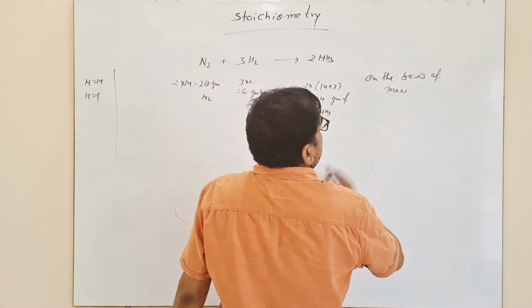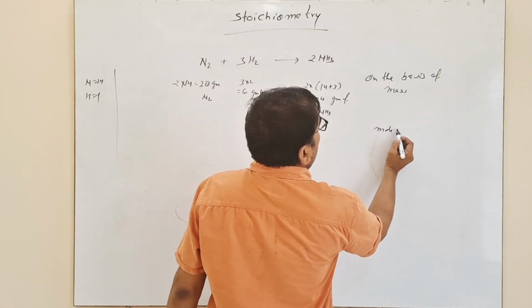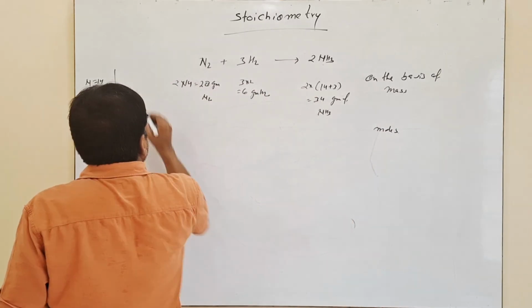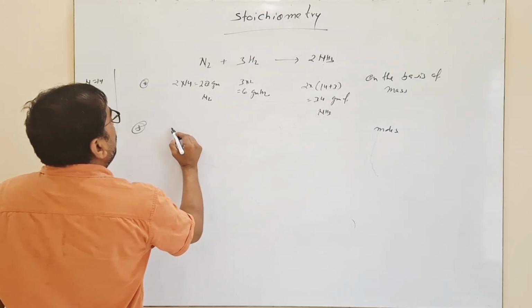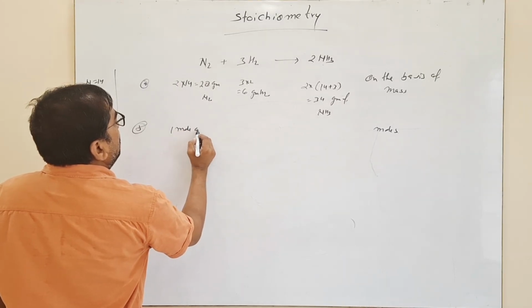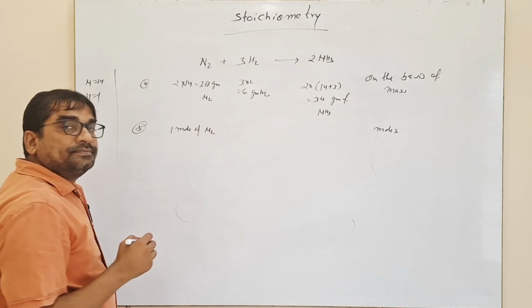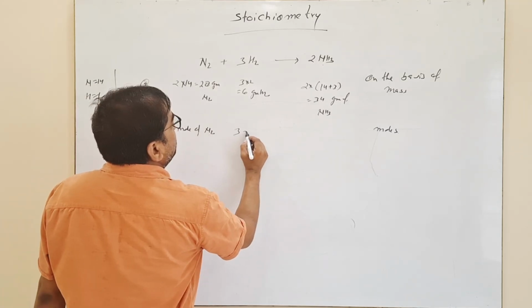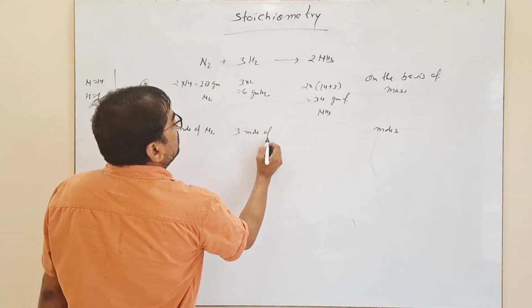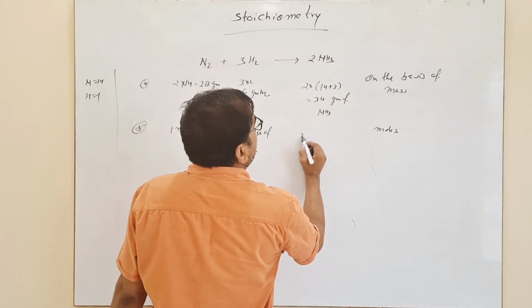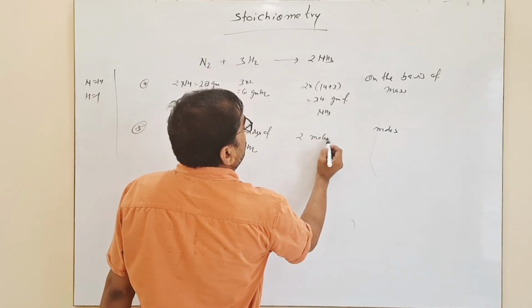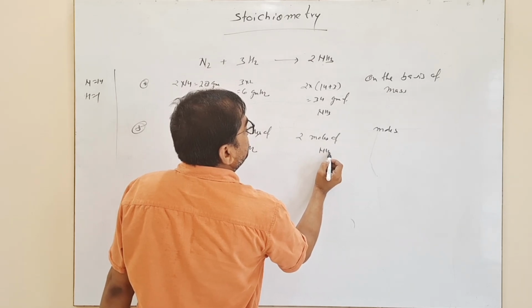If the same we consider on the basis of moles, then we can say this is first, now second, on the basis of moles, 1 mole of dinitrogen combines with 3 moles of hydrogen and gives 2 moles of ammonia.